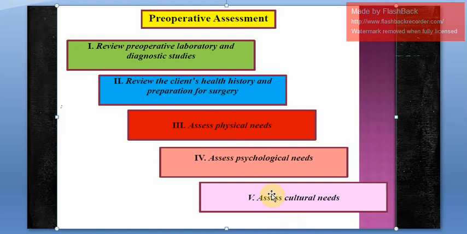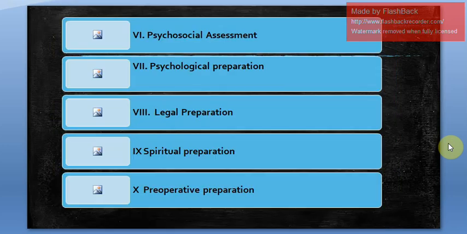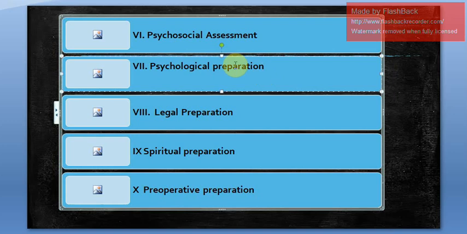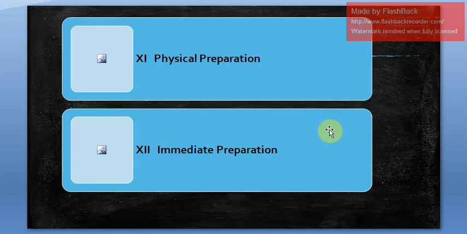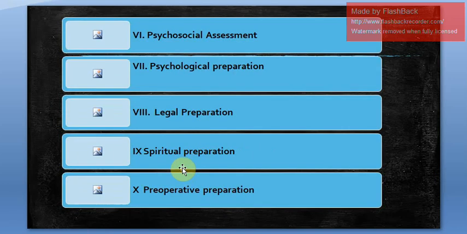Then next comes assessing the cultural needs of the patient. Next comes psychosocial assessment. It is somewhat similar to assessing psychological needs and cultural needs. Next comes psychological preparation. Then comes legal preparation, meaning taking consent. Then spiritual preparation. Then preoperative preparation, that is, giving some preoperative teaching to the patient.